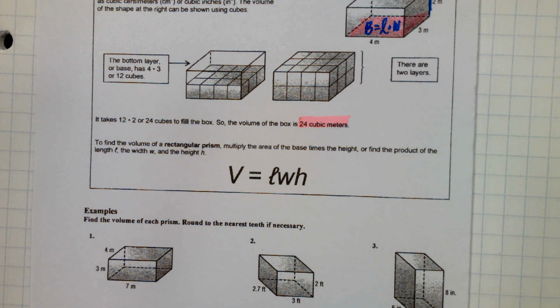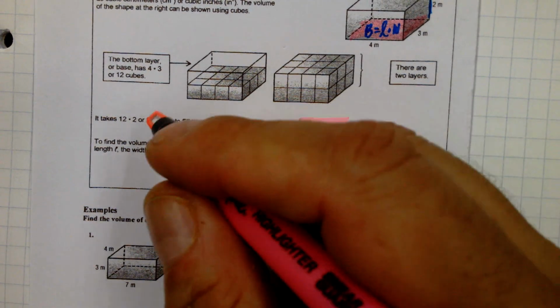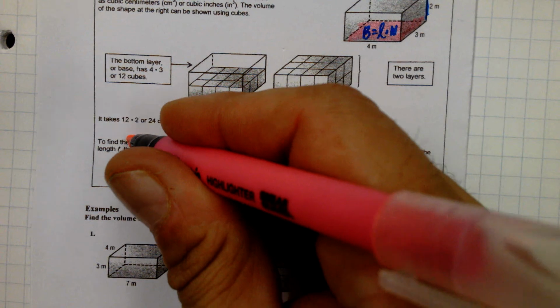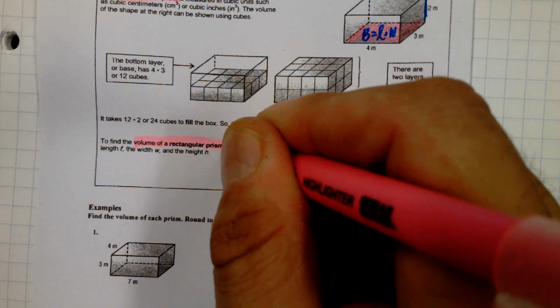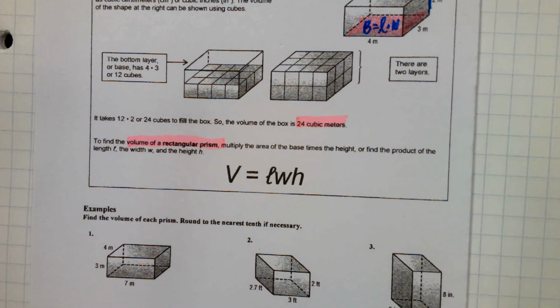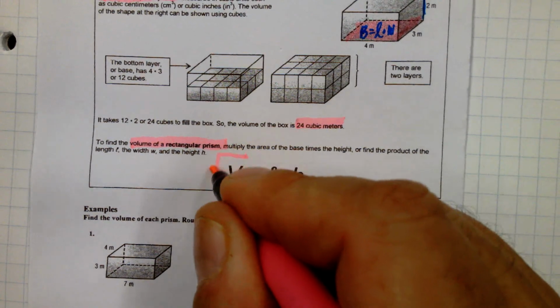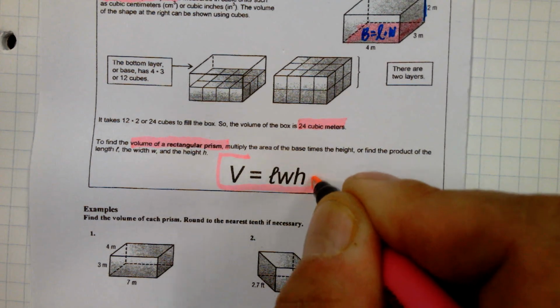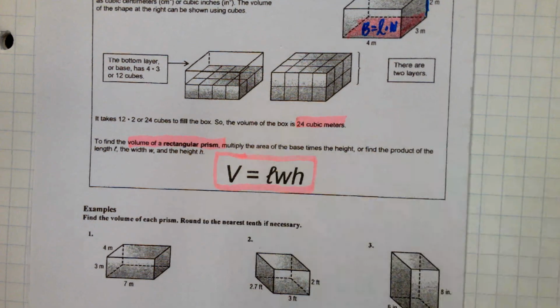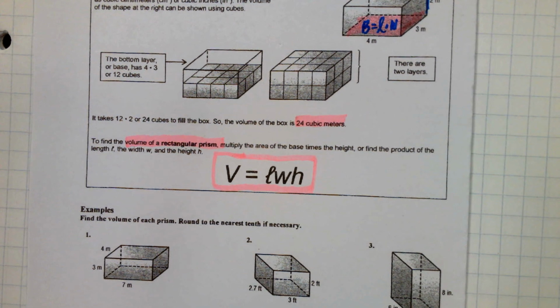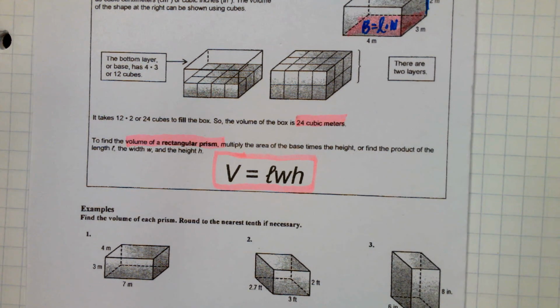Okay. So now if we're looking for the volume of a rectangular prism, we have a specific formula for that. And that's just length times width times height.